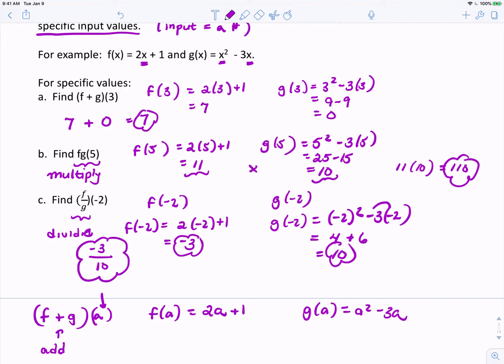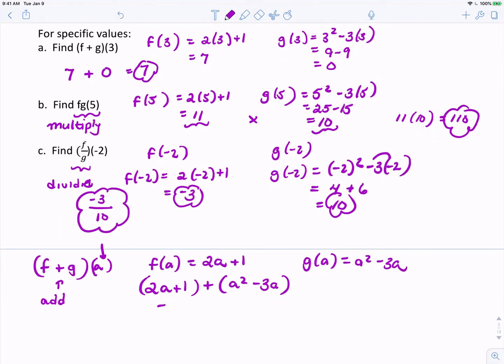And so f plus g of a, we would take our first answer, 2a plus 1, and add our second answer, which is a squared minus 3a. If we simplify that, that would be a squared minus a plus 1. So when you input an expression, your output is also an expression.